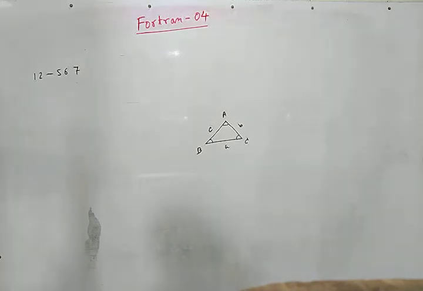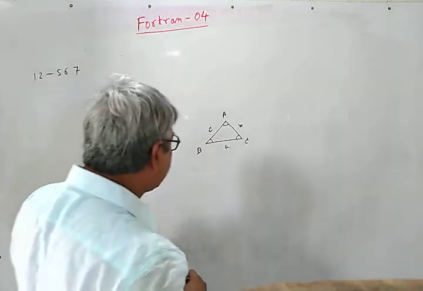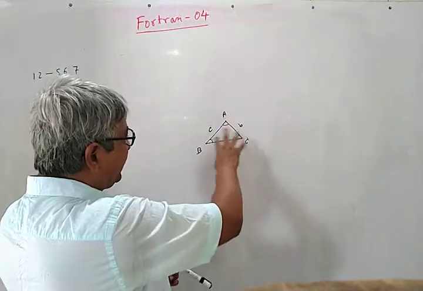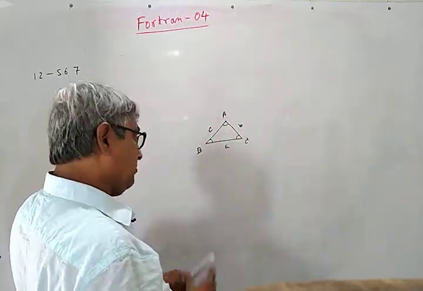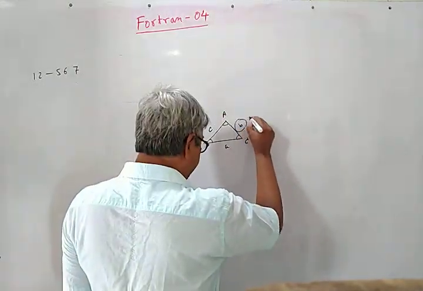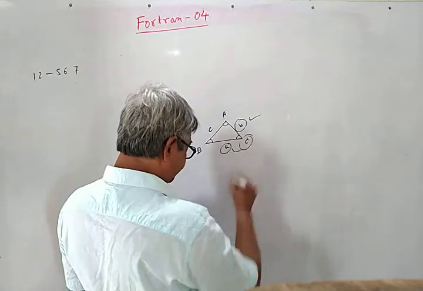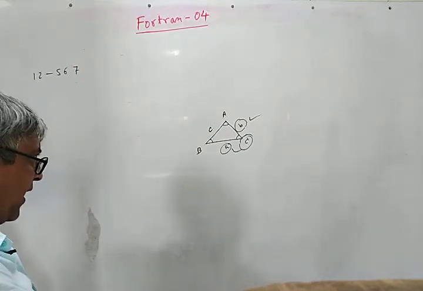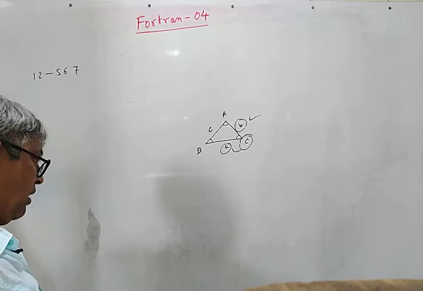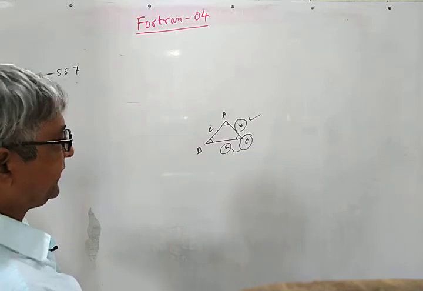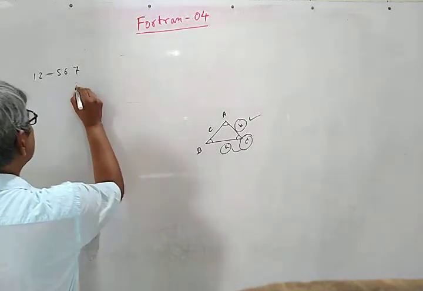If we are provided with two adjacent sides and the angle in between them, then we can find out every other thing regarding the triangle. Say we are supplied with a, b, and capital C. In general, we provide the value of the angle in radian, so we write it as CCR.